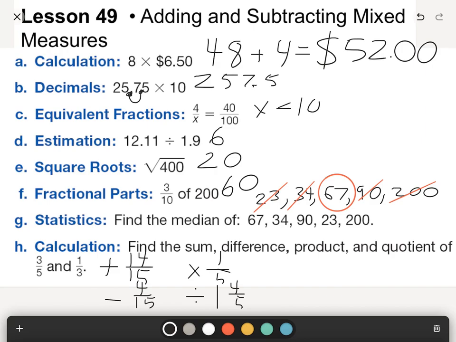I said it's proper, not improper. To find the quotient, dividing these, essentially, you would keep, change, flip. So you multiply it like that. That would get you to 9/5, which would get you to 1 and 4/5. Yeah, gotta flip it.